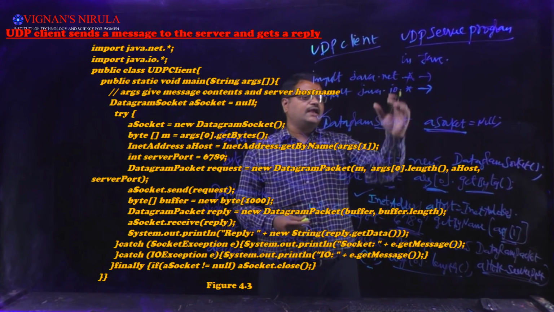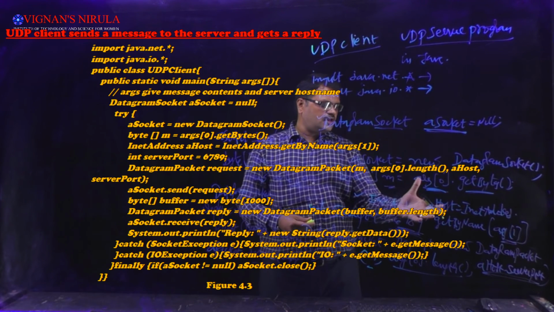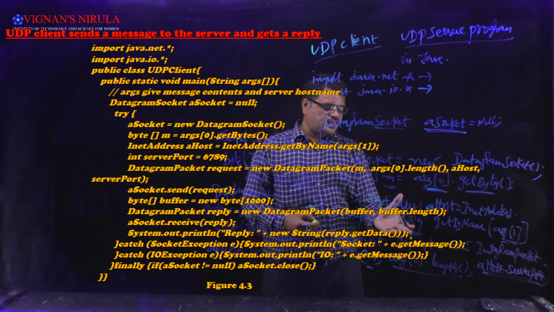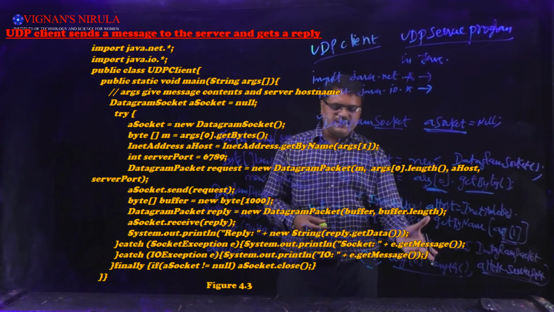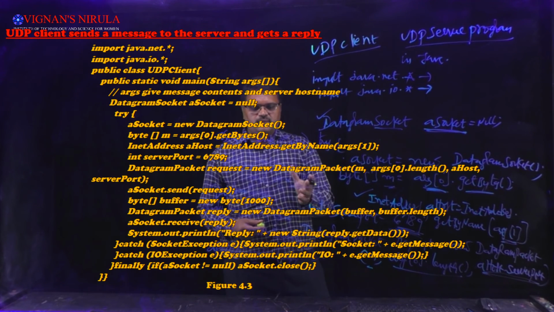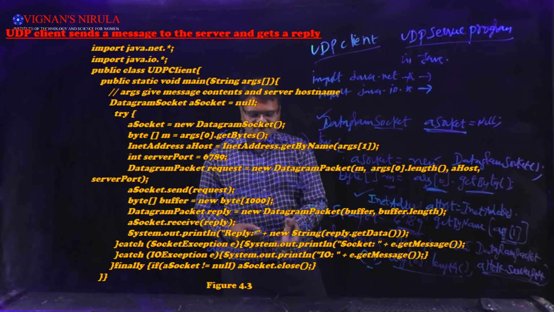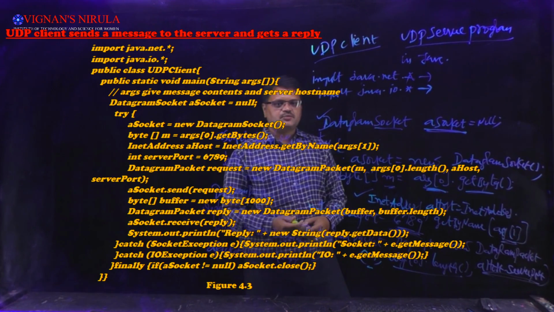Creating a socket, message, aHost address, and assigning a port, and create a request, send it across to the server, and accept the reply in the form of a buffer, and receive it in the form of a packet. Okay, so this is about the UDP client.